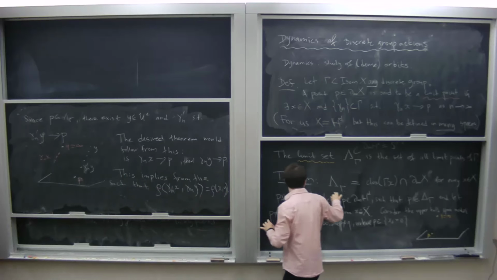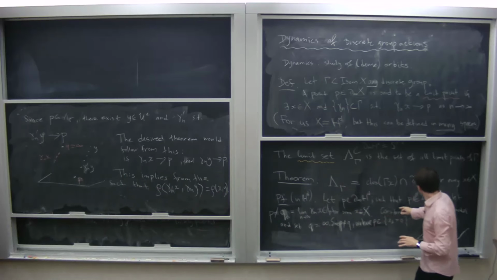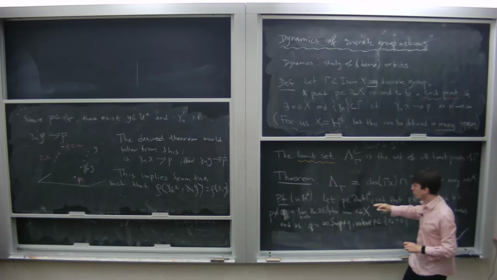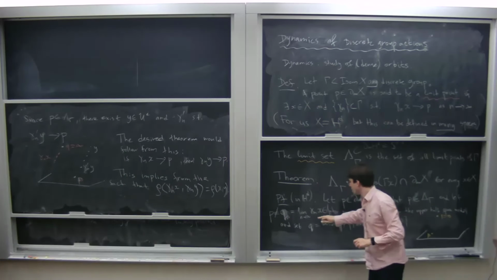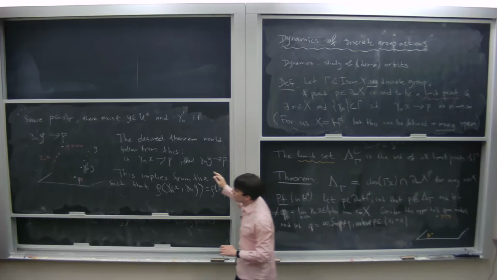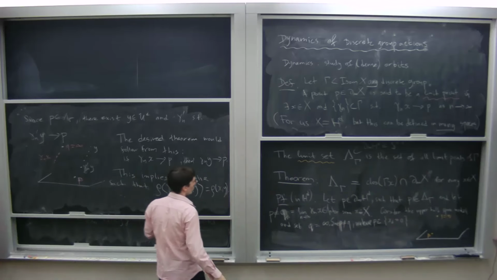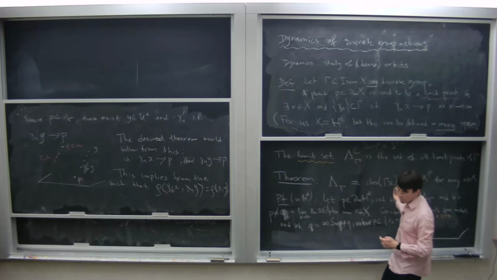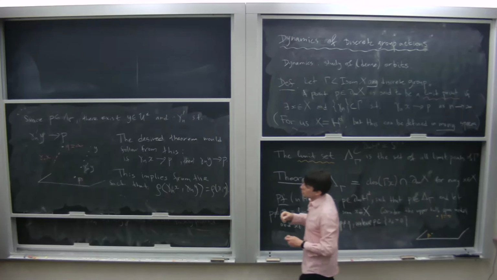So if I have a limit point for some gamma n, right? Then I will choose the same sequence for x and show that it should converge to the same point.